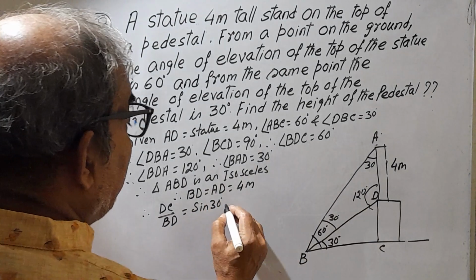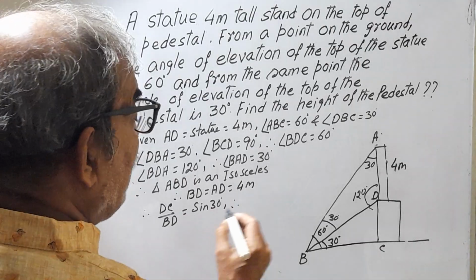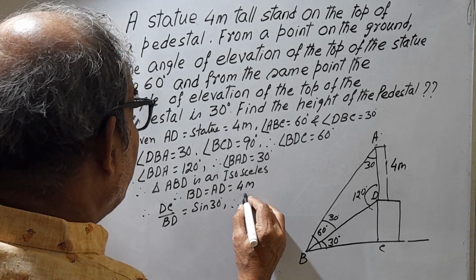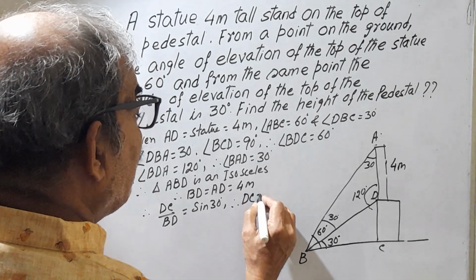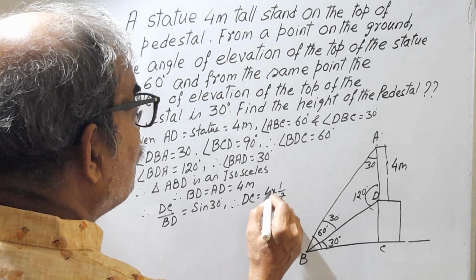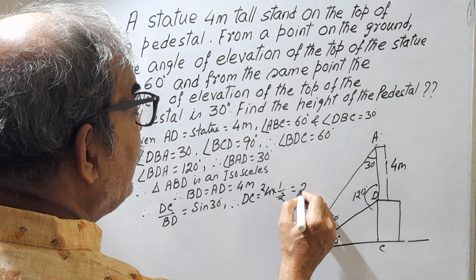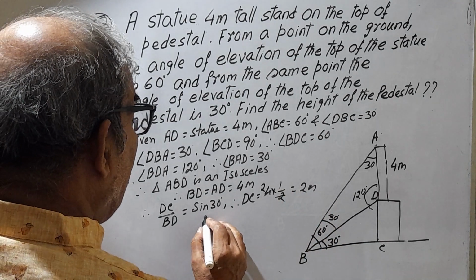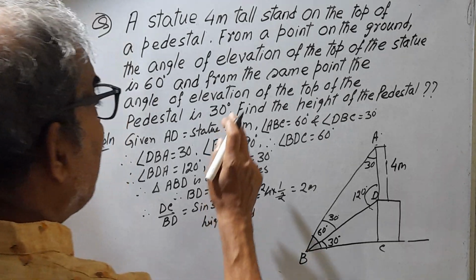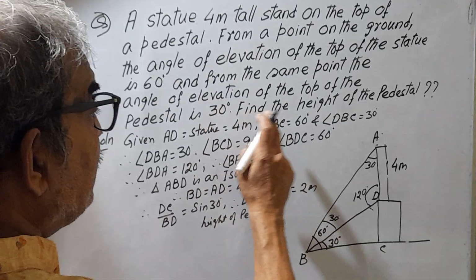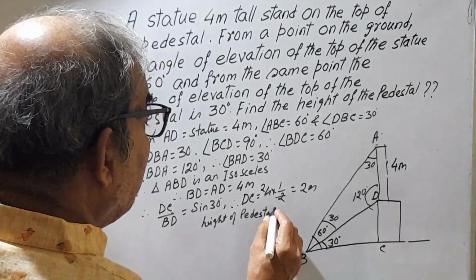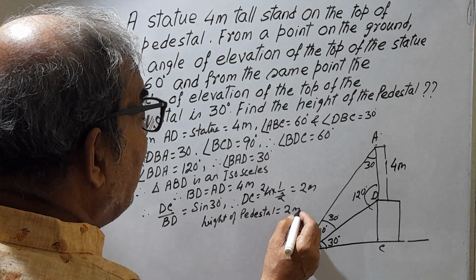P by H is sine 30 degrees. Therefore DC equal to 4 into half, that is 2 meter. तो आप लिखिए the height of pedestal. आपका asking है what is the height, find the height of the pedestal. तो इसलिए the height of pedestal equal to 2 meter. This is the answer.